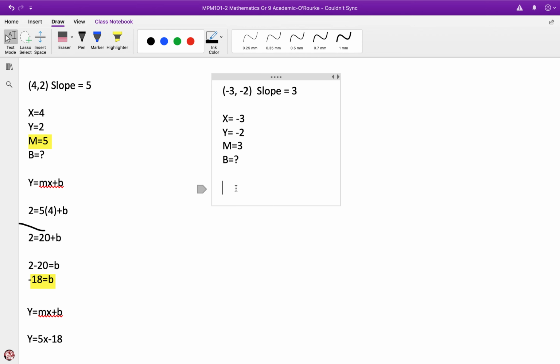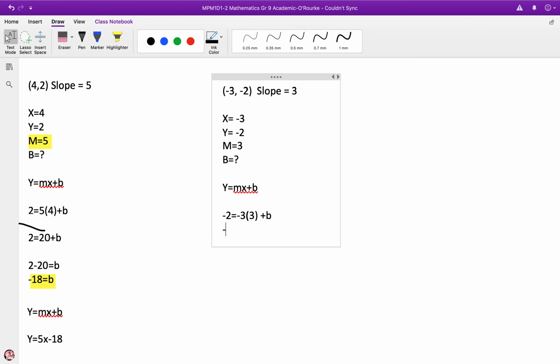So let's go to our equation and we're going to plug everything in. So y equals negative 2. We have an x of negative 3, and we're going to multiply that by 3 plus b.